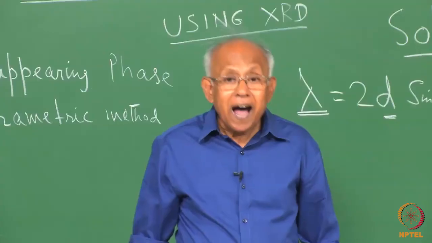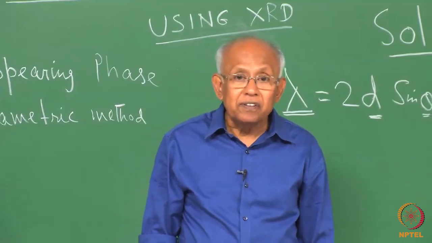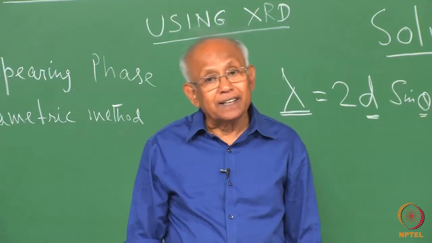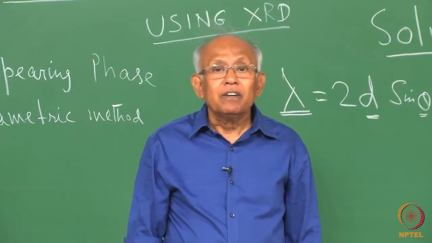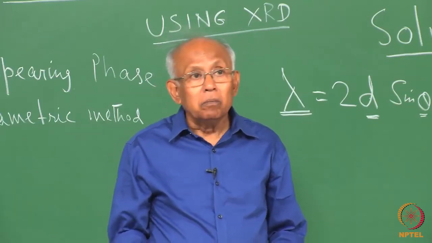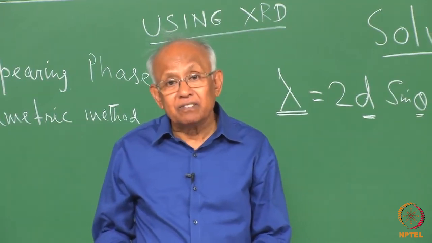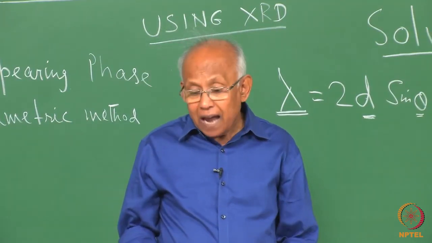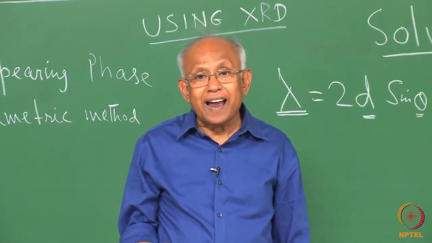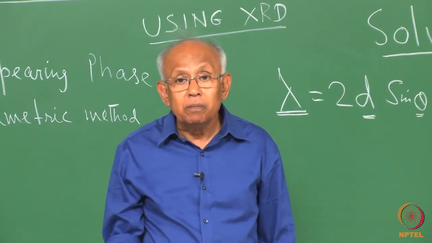You see, higher atomic number will mean higher values of small f, the atomic scattering factor, and capital F, the crystal structure factor. For a higher atomic number element, both small f and big F will be large. And for a smaller atomic number element, both small f and capital F will be smaller.